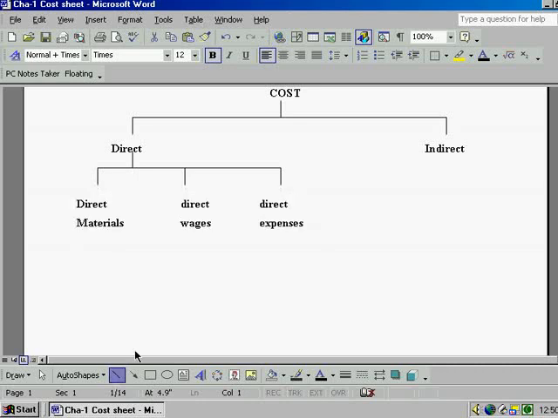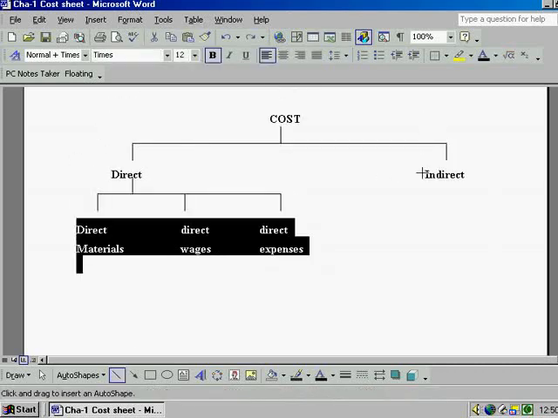Your indirect costs are also further classified into 3.